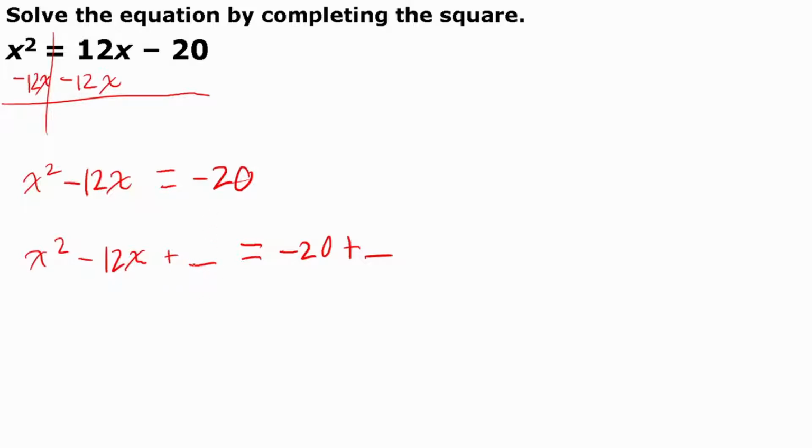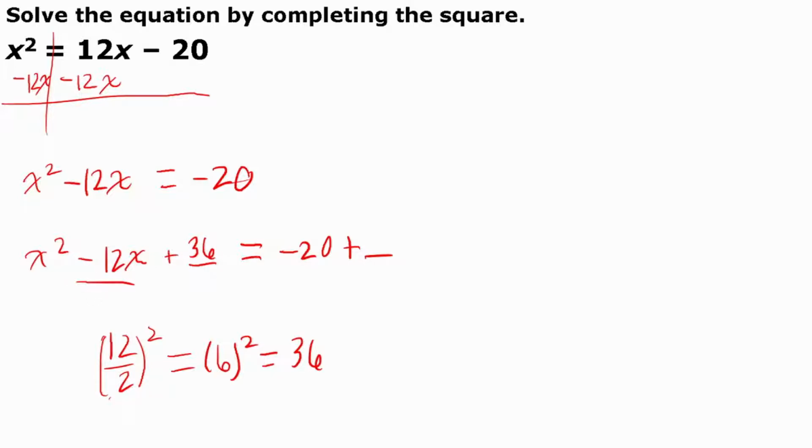scale even, right? So once again, we start with this middle number here, that 12, right? We're going to say 12 divided by 2. And then whatever we get, we want to square. So 12 divided by 2, we all know gives us 6. Square it. 6 times 6 gives me 36. So on both sides, I'm going to add 36.